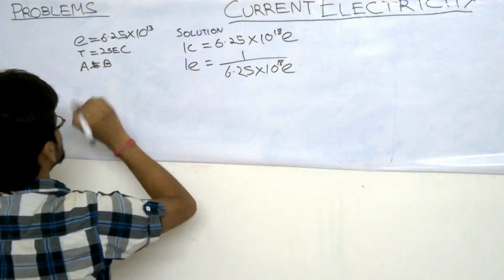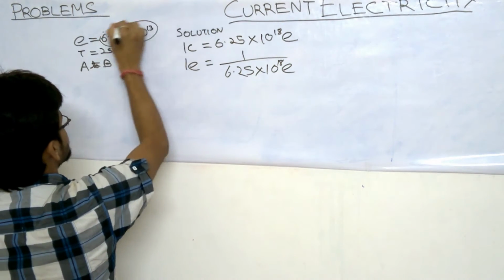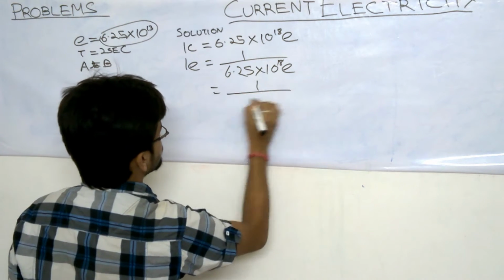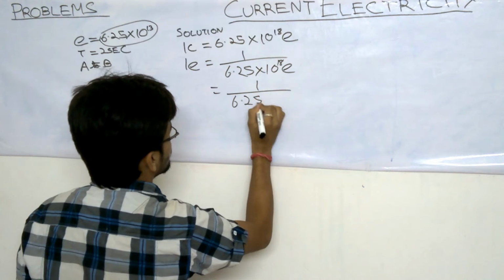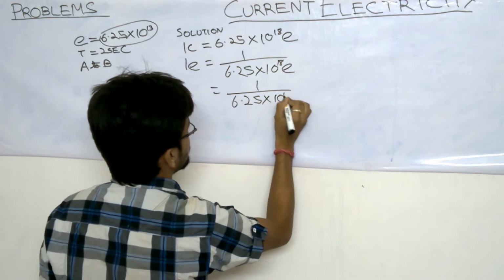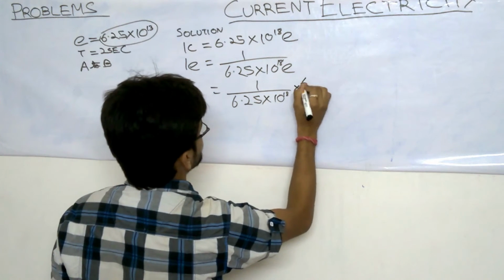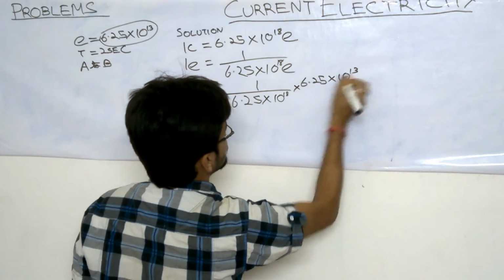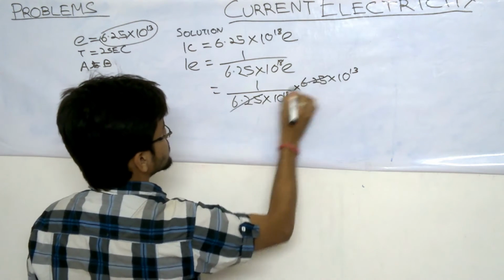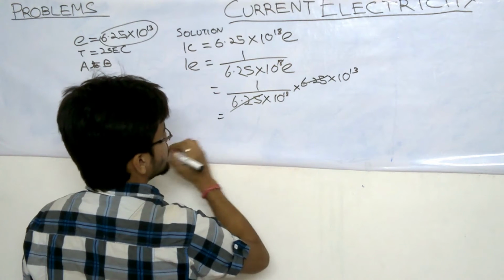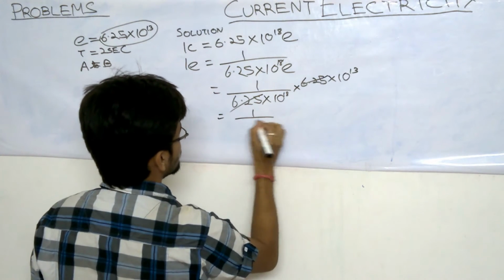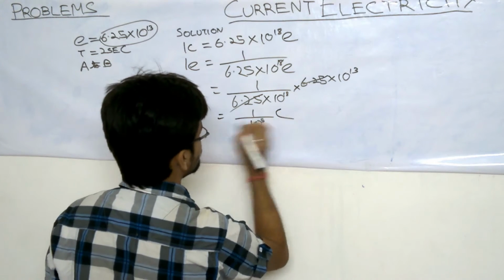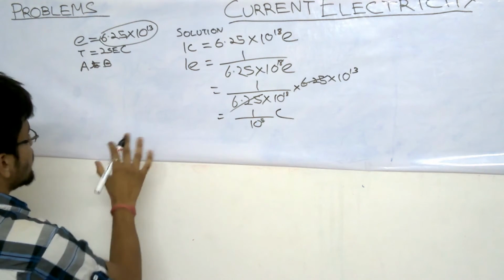Now what amount of charge will be there for this many electrons? That will be 1 by 6.25 into 10 to the power 18 into 6.25 into 10 to the power 13. From here these two get cancelled and we get 1 by 10 to the power 5 coulomb of charge. So here we got the charge.